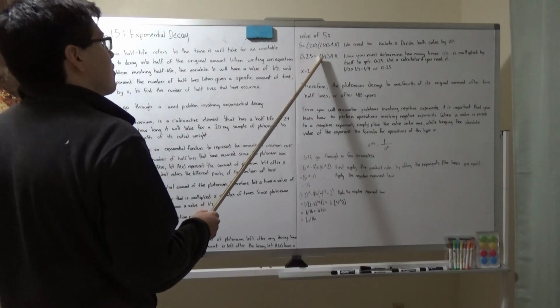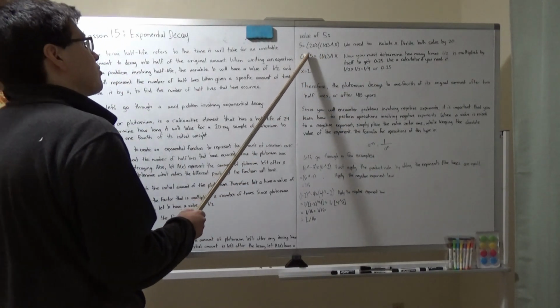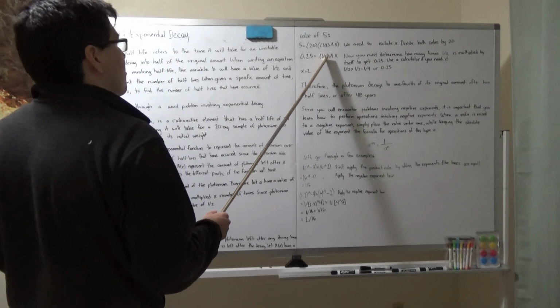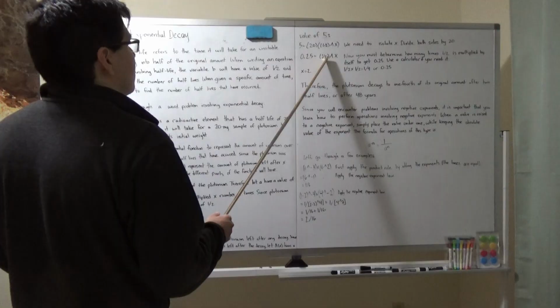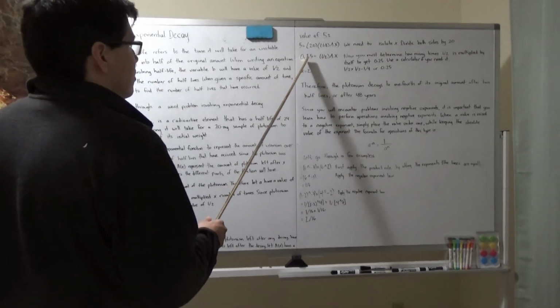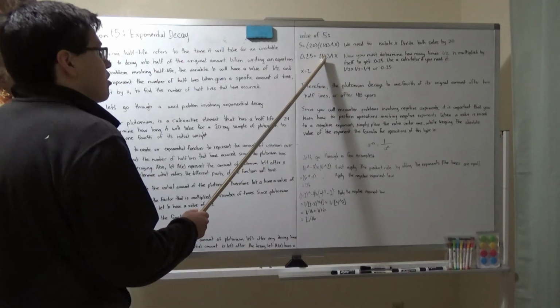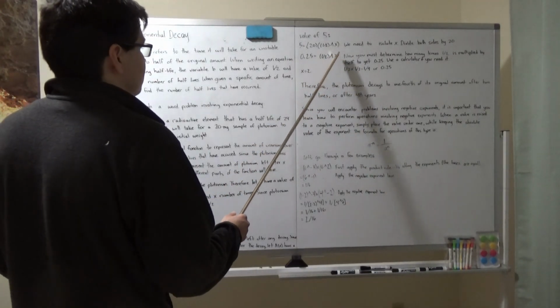Then you divide the logarithm of 0.25 by the logarithm of 0.5, and you get 2.